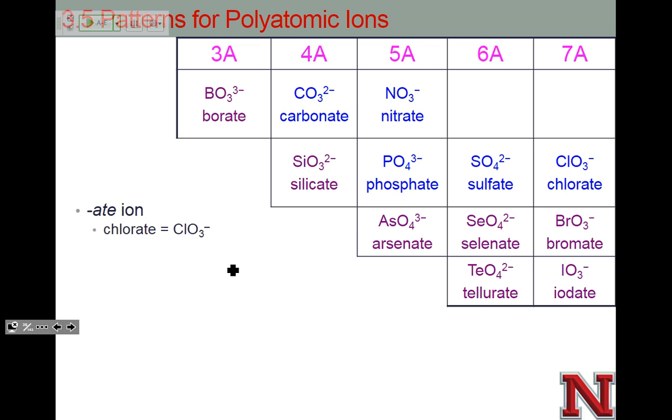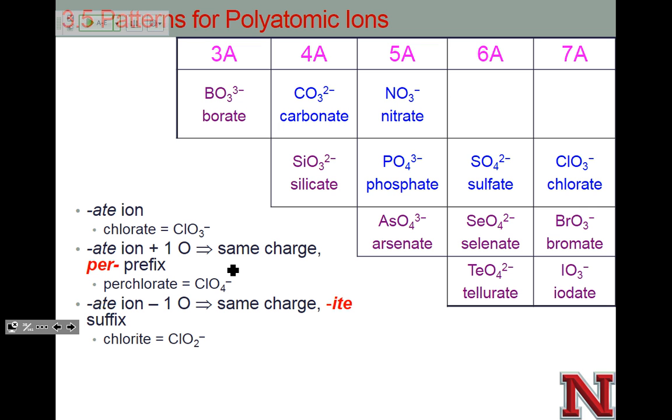So here's some of the -ate ions. Notice that the -ate ions usually start off there. And then an -ate ion plus another oxygen is going to have the same charge, but per will be added in front of it. So for example, chlorate has 3 oxygens, but ClO4 is perchlorate. So the per is just added in front of it. -ate ions minus an oxygen has the same charge, but -ite is used.